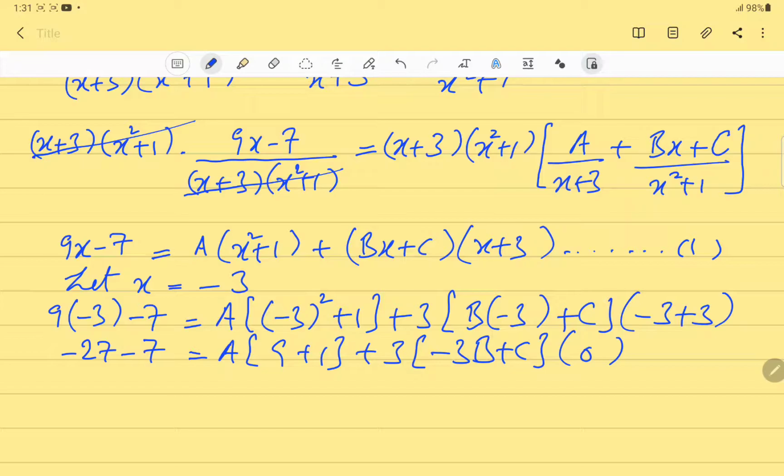So we have now −34 is equal to a into 10 plus 0.